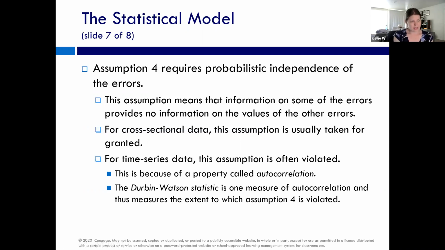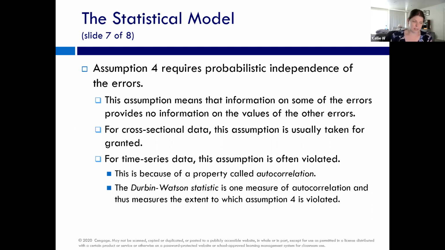Okay, and then finally, the probabilistic independence of the errors. So the information on some of the errors doesn't tell you anything about the value of the other errors. With cross-sectional data, this is just generally true, so we don't even think about this. The only time you really think about this is with time series data because of autocorrelation, which we talked about before.